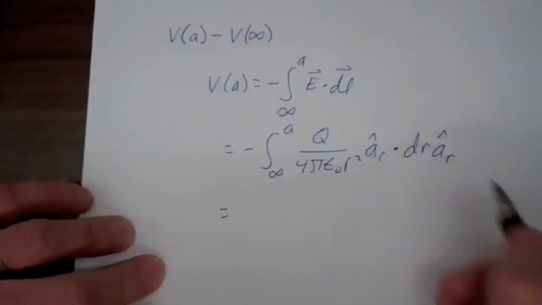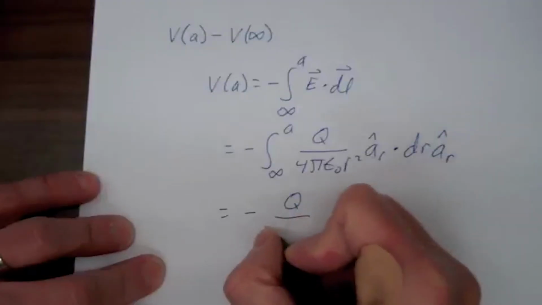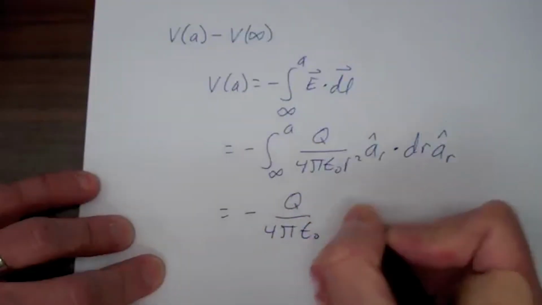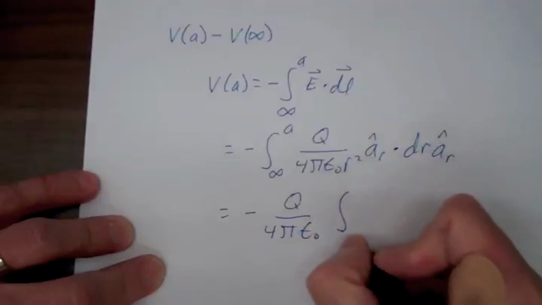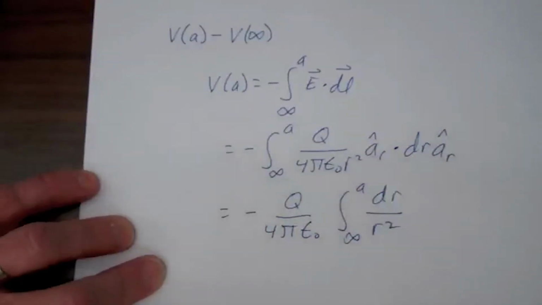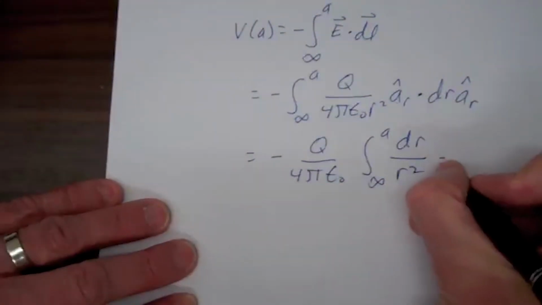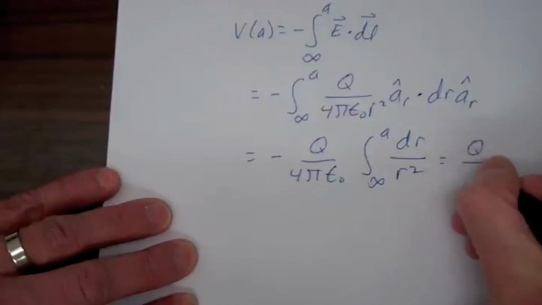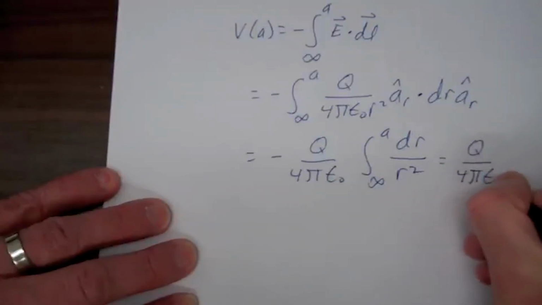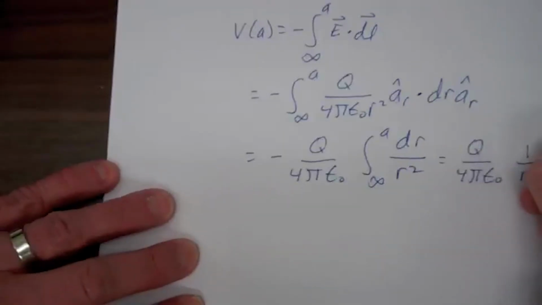So a sub r dot a sub r is 1. Let's factor out Q over 4 pi epsilon sub 0. Those are all constants in this case. Okay, so if we perform this integral, we'll get a minus 1 over r, which we'll evaluate between infinity and a.